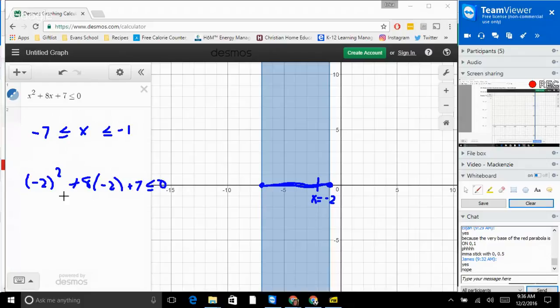So let's see if this is true. -2 squared is 4, plus 8 times -2 is -16, plus 7. So 4 plus 7 is 11, plus -16, we get -5 is less than or equal to 0. So that shows us that x equals -2 is a valid solution to my equation.